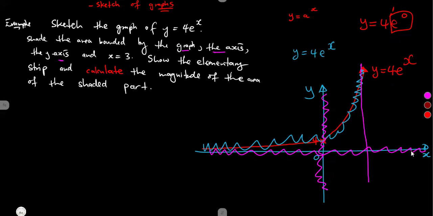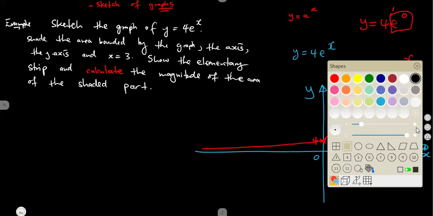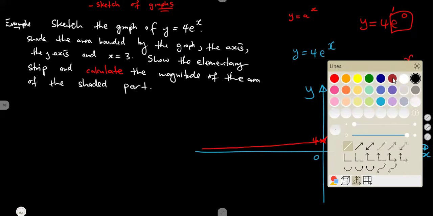It is supposed to be covered by these graphs or these lines that we are given, everything that we are given there. So we need the line x is equal to 3. The line x is equal to 3, guys, is simply a vertical line that we are considering there. All right, so I'm just going to indicate a vertical line.